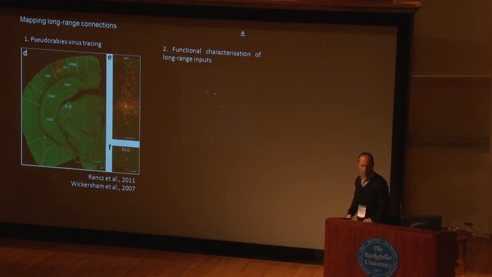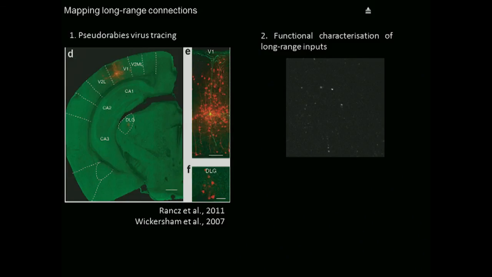Another thing we can do is label different areas of the visual cortex locally with genetically encoded calcium indicators to monitor what the long-range inputs are doing. I guess this is not visible, but you can probably see little blobs blinking, and these are the boutons of axons coming in from a distal region into the primary visual cortex.